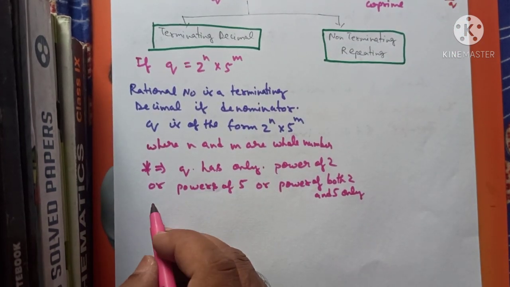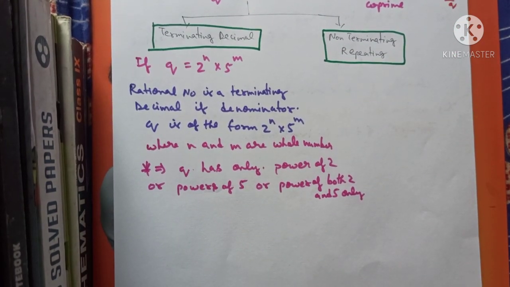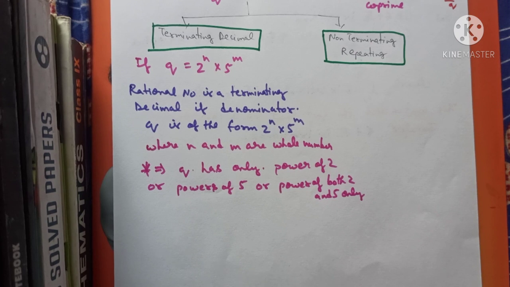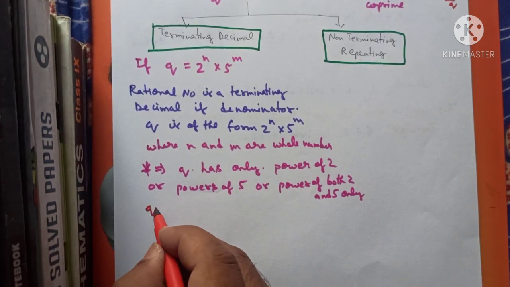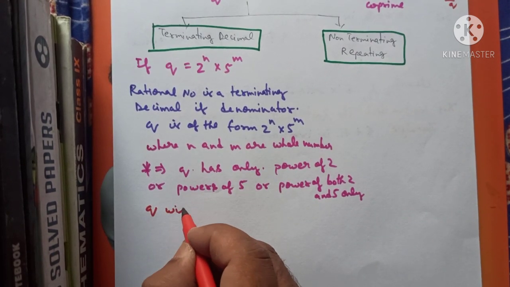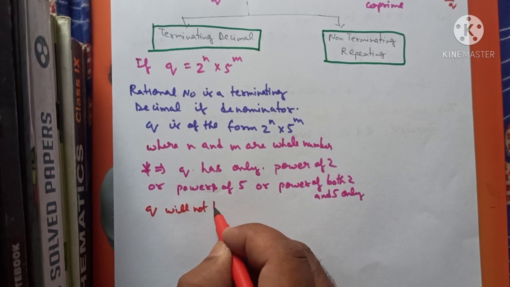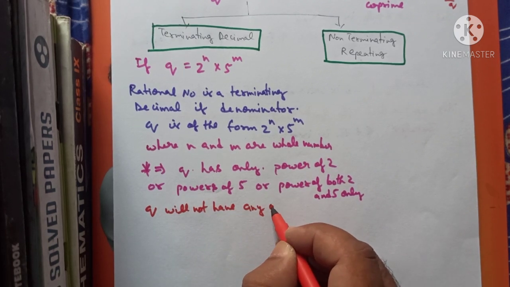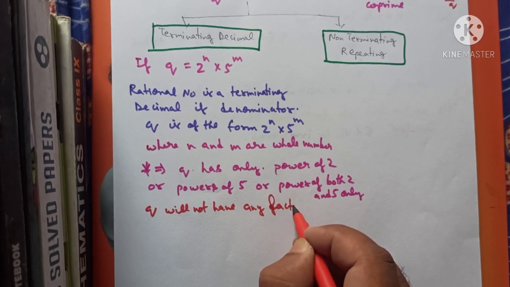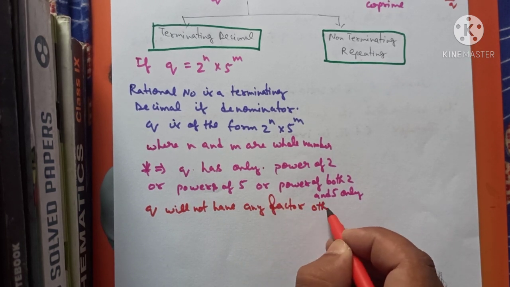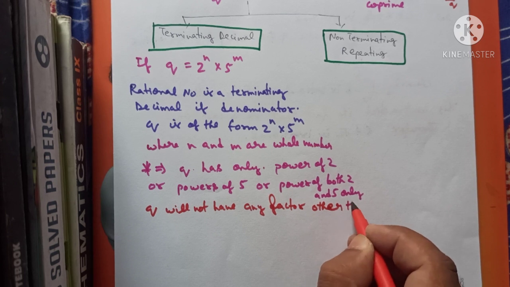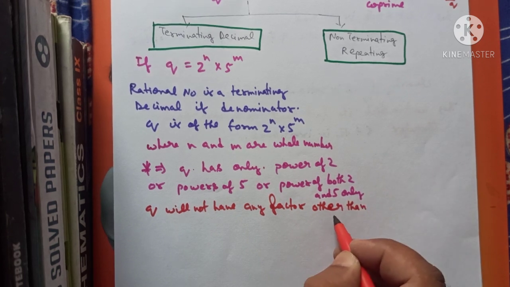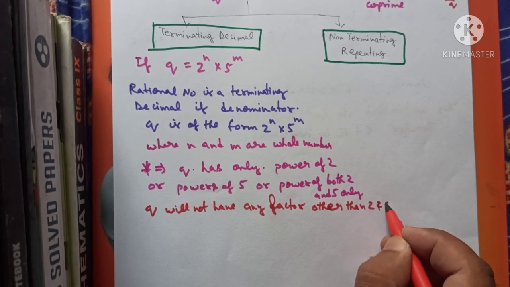Or we can also say, in other words, that q will not have any factor other than 2 and 5.